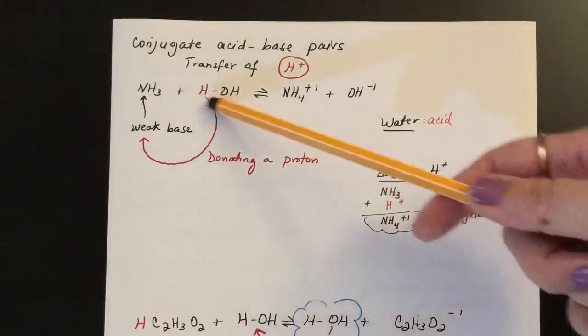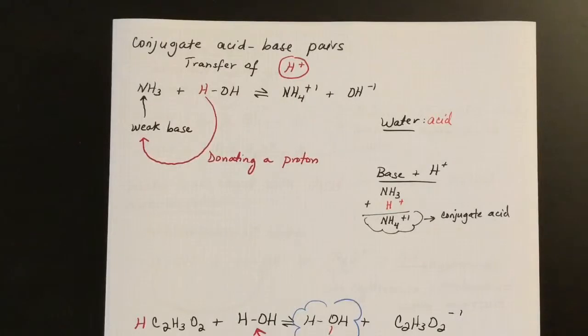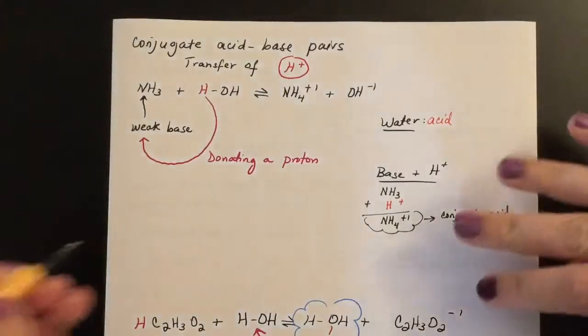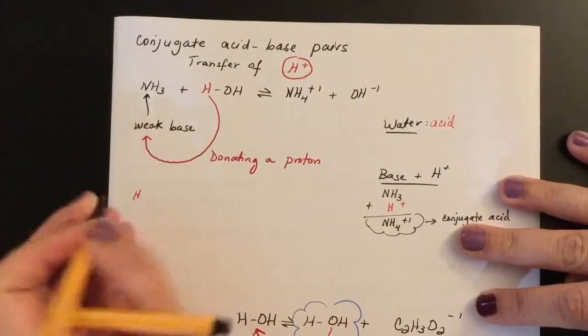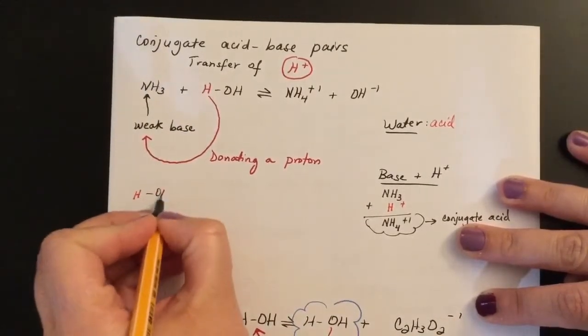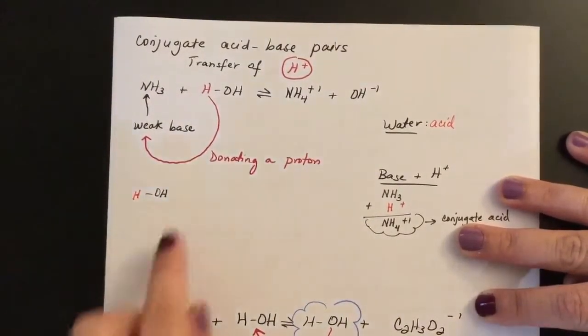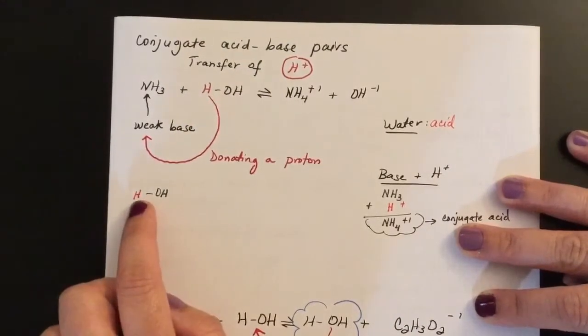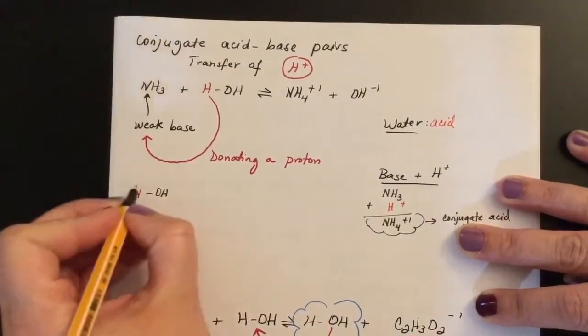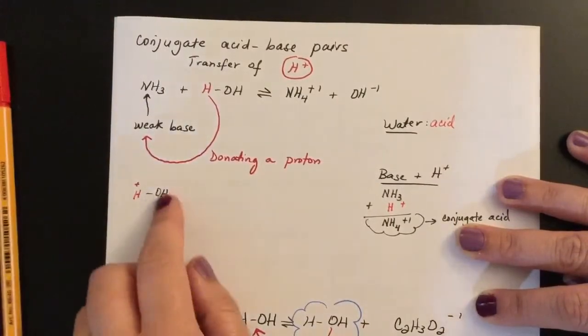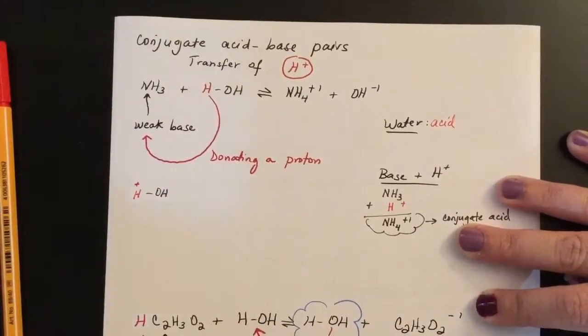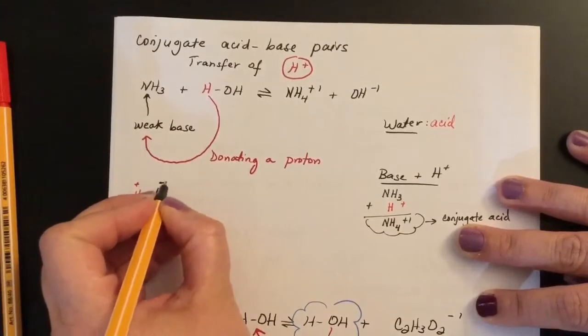We can do the same thing here with your water molecule. So your water molecule is acting as the acid. So it's donating the proton. So I'm going to write down my water molecule down here. So remember, your proton has a positive charge, that's +1. And your hydroxide ion, hydroxide, has a charge of -1.